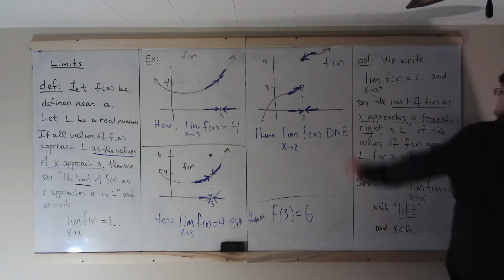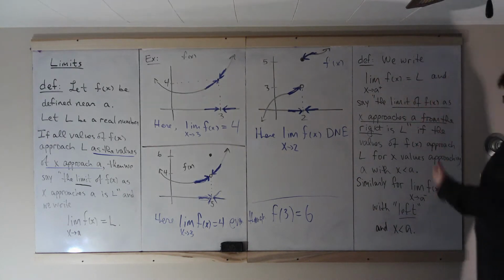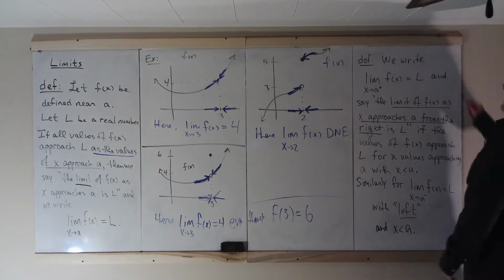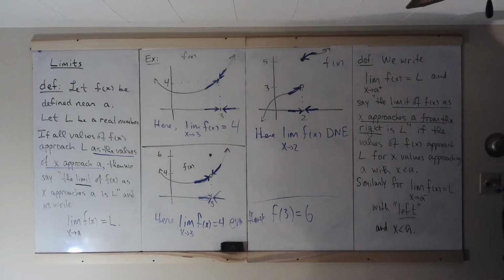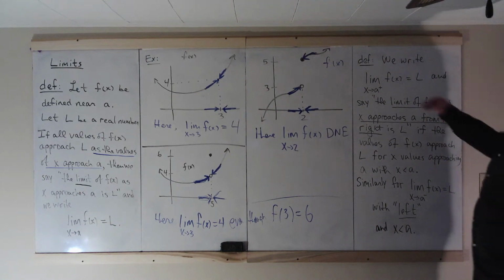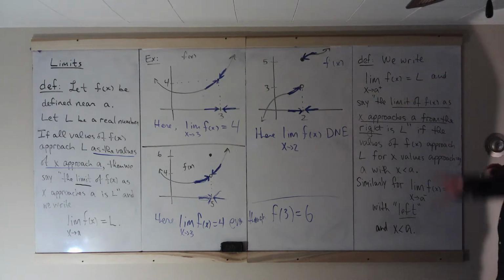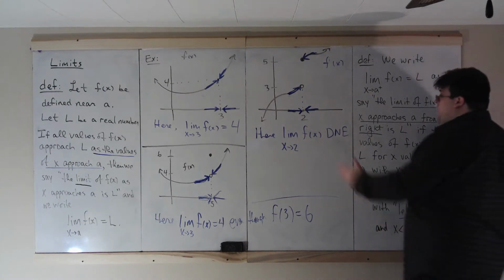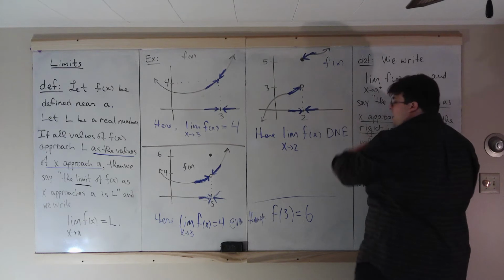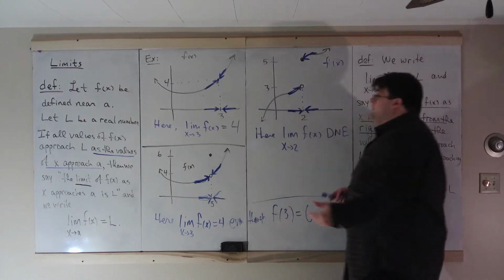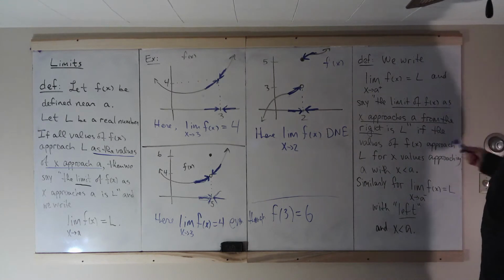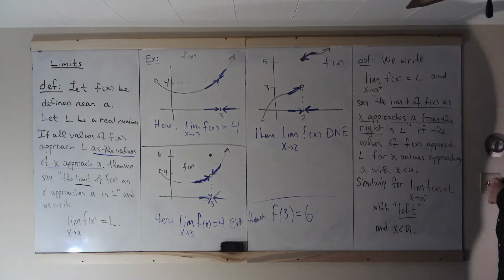So here we write the same limit notation, but with a plus sign superscript on A. And we say the limit of f of x as x approaches A from the right is L. So here, this plus sign as a superscript of A says, look at the right of A. Look on this side of A. Look on this side of 3 in that case, 2 in this case. So the limit of f of x as x approaches A from the right is L.